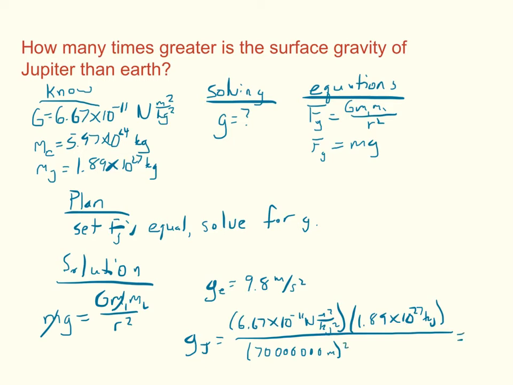If we plug that all into our calculator, we get 25.7 meters per second squared. So a much greater gravity than Earth. If we divide those two, 25.7 divided by 9.8, that gives me about 2.6 times greater than on Earth.